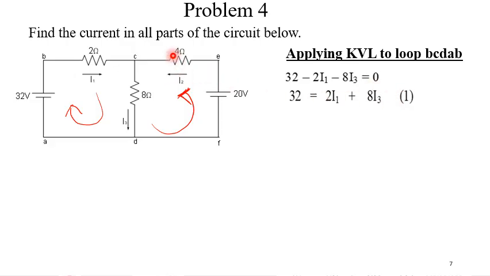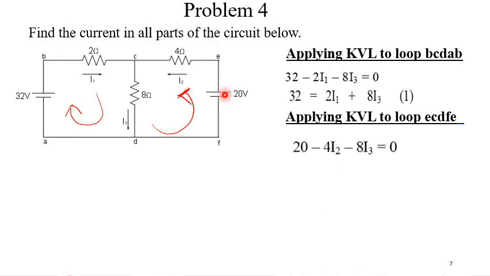Then we go to our second loop. Considering the second loop, we realize that we are moving in the anti-clockwise direction. And they said algebraic sum of voltages in a closed loop is equal to 0. So this is the voltage: 20 minus 4I2 minus 8I3 is equal to 0. That is one way we can write it.